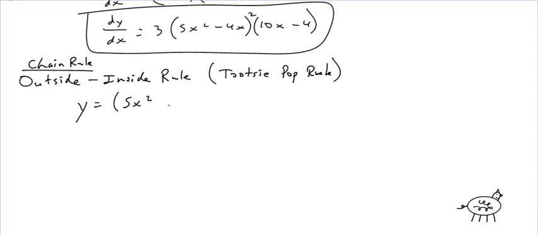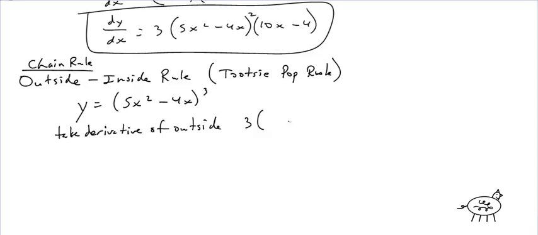Y equals 5x squared minus 4x cubed. So without using substitution, what we're going to do is take the derivative of the outside. So we go outside first. We take the derivative of the outside, and what that is, it's 3. It's like what we did before with u cubed, which gives 3u squared.